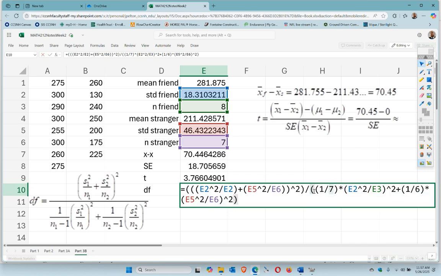Right, and the entire denominator, right? See that parenthesis goes to there. That's the entire denominator. So 1/7 times friends squared. We can square the individual ones too. Plus 1/6 times. I think we're good.